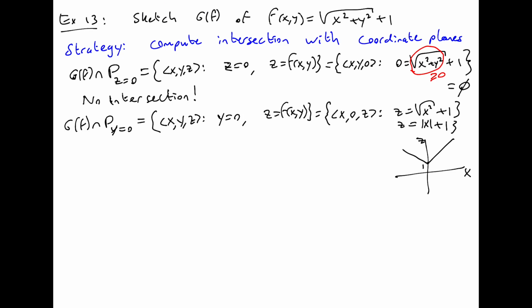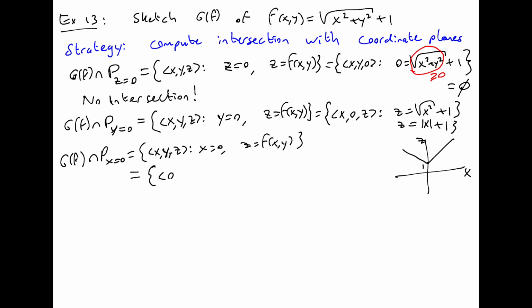Okay, now for the third plane, we are going to compute the intersection of the graph with the plane where x equals 0, which is the yz plane. So again, I'm going to do the same thing. So these are all points x, y, z, but now x is 0 and z is equal to f of x, y. And so what do we get?